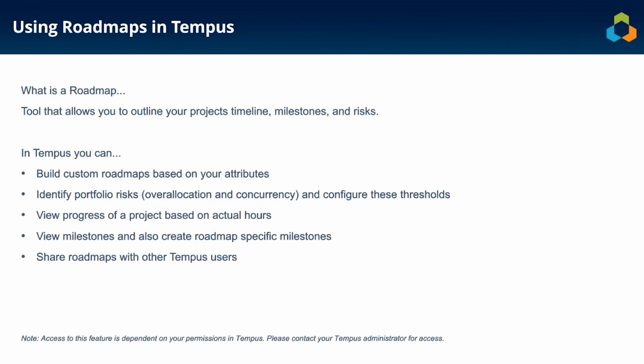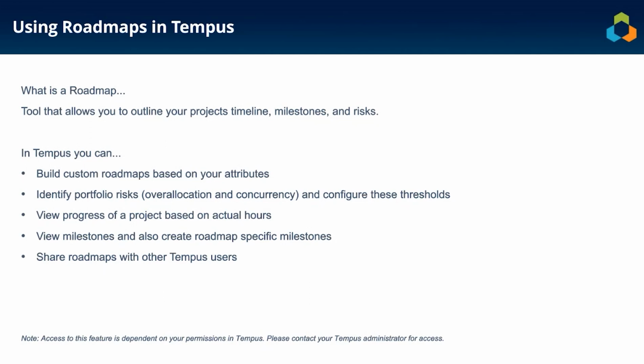This is a tool that allows you to outline your projects, their timeline, milestones, and/or risks. So within Tempus, you have the ability to build custom roadmaps based on your individual attributes. Again, you can identify those portfolio risks.